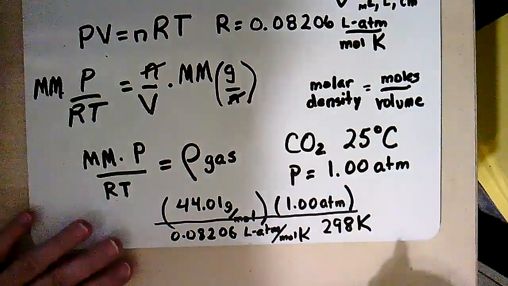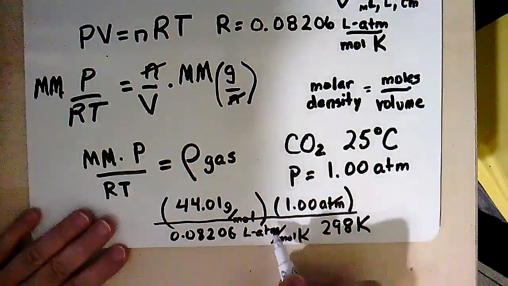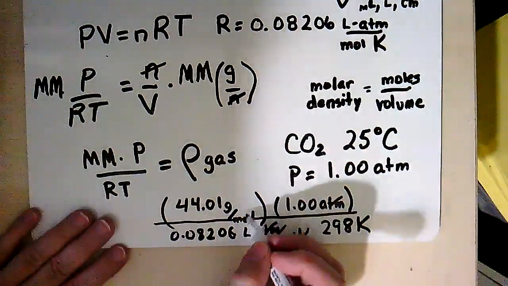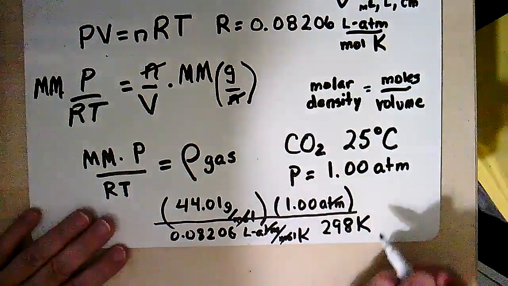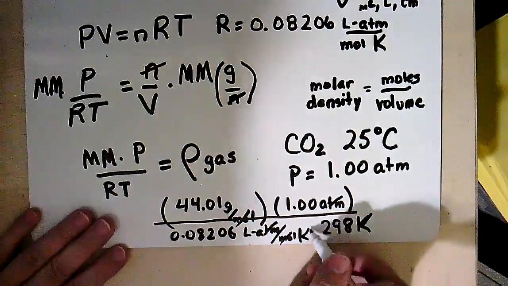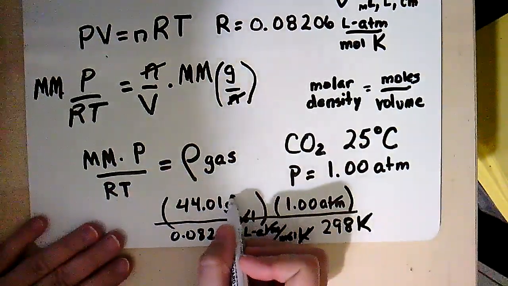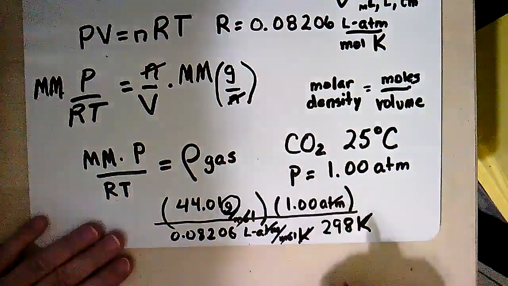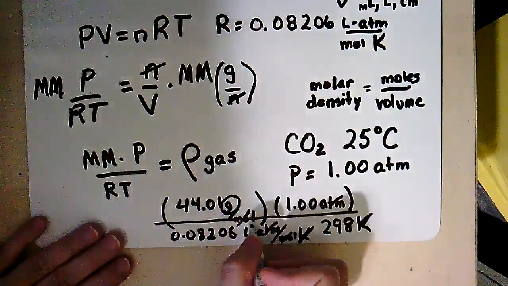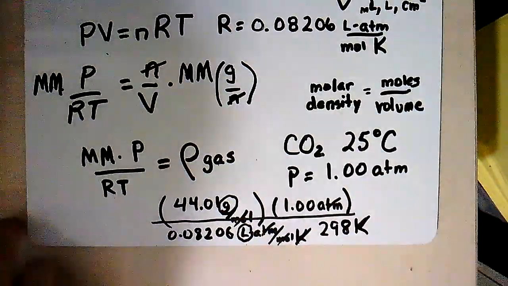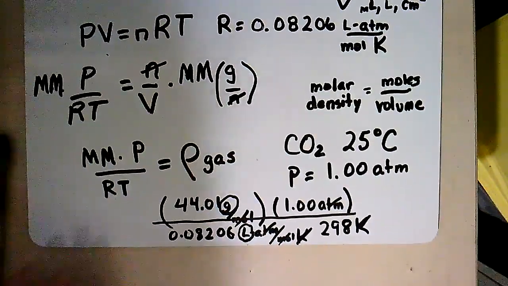And let's cross out the units that we can. So atmospheres will cancel with atmospheres, and moles will cancel with moles, and Kelvin will cancel with Kelvin. And the units we're left with are grams, a unit of mass, and liters, a unit of volume. So now I'm ready to put this into a calculator.